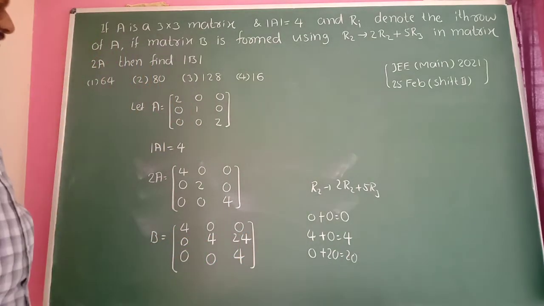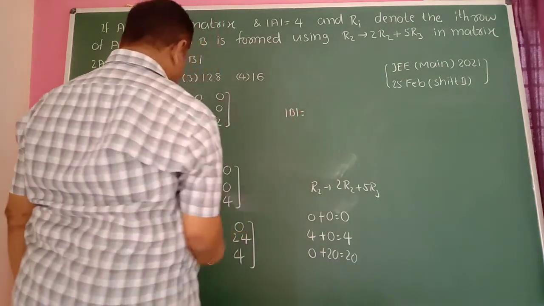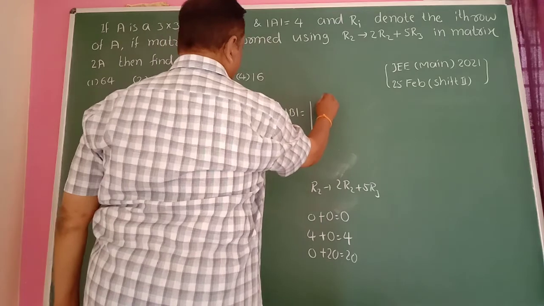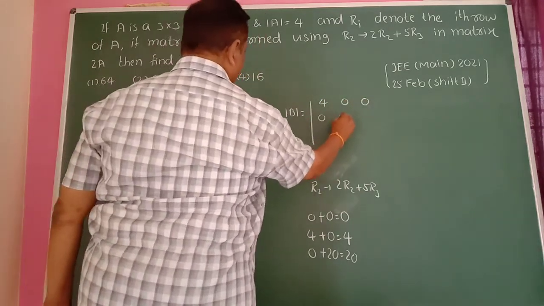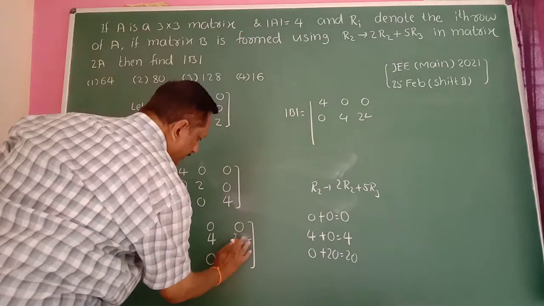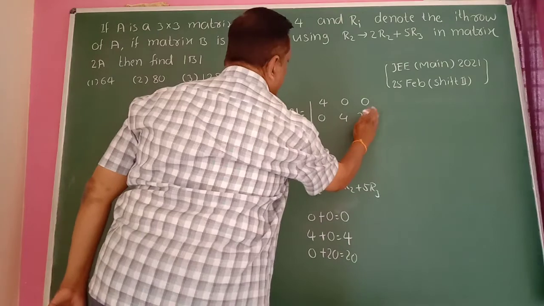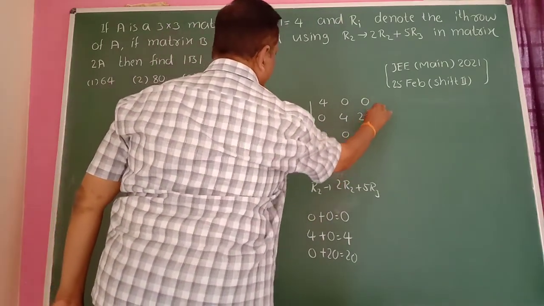Then find its determinant here. So determinant of B is equal to determinant of 4 0 0, 0 4 20, not 24, it is a 20, then we have 0 0 and 4 here.